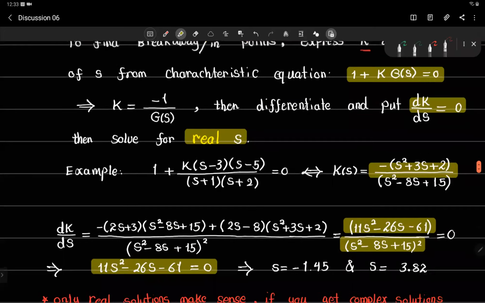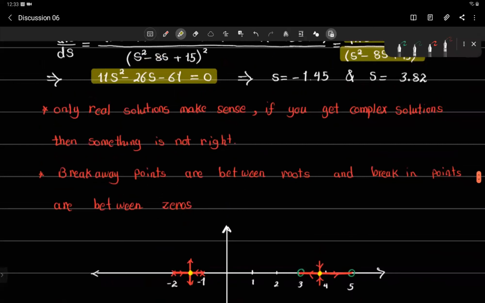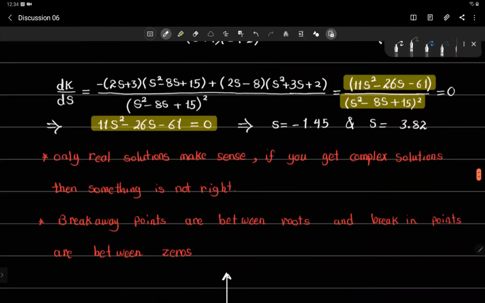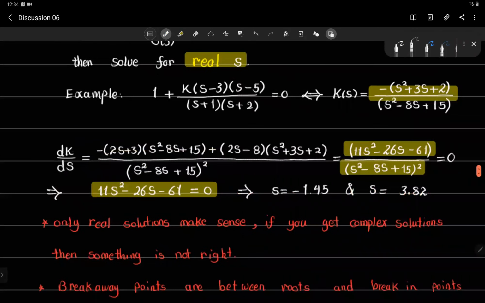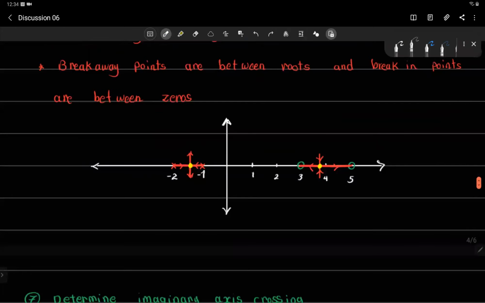So in this case, let's have a look at the root locus. You can see from this characteristic equation that we have two zeros, one at 3 and one at 5, and two poles, one at -1 and the other at -2. Let's start from the right.